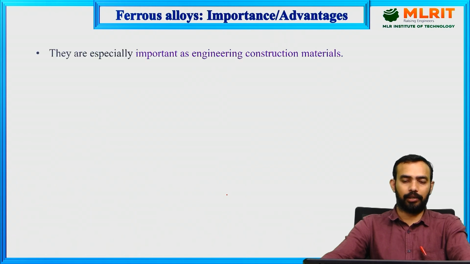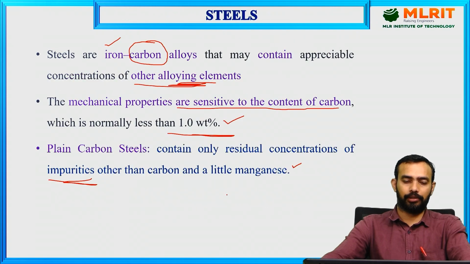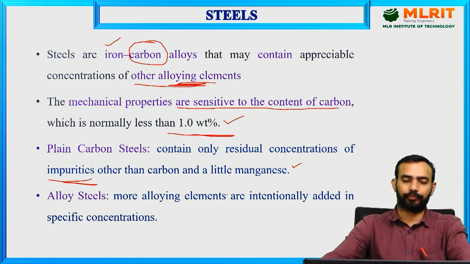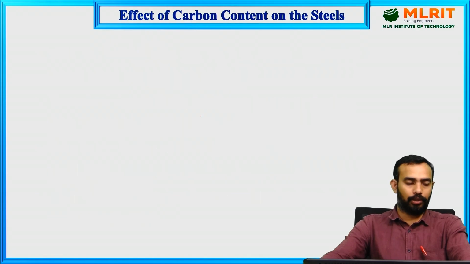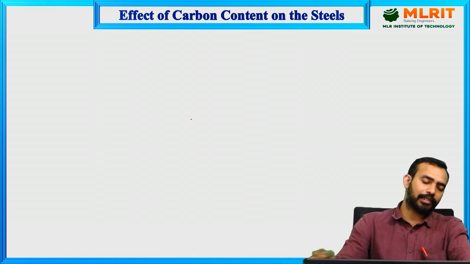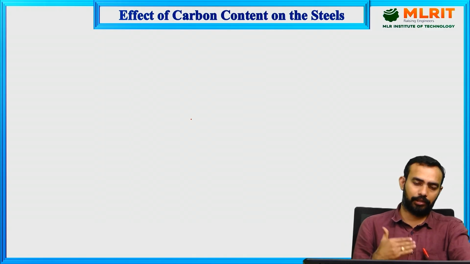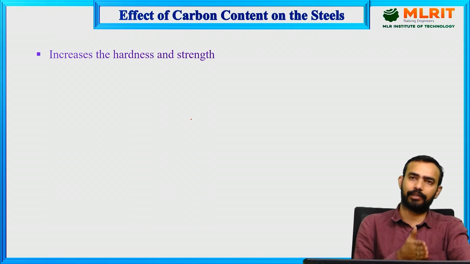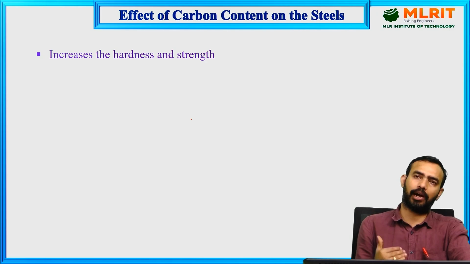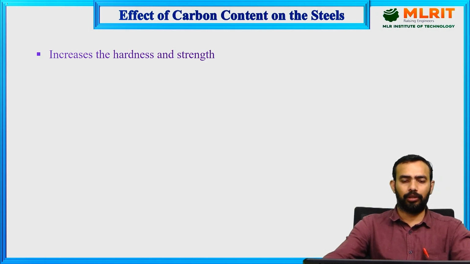So let us start discussing plain carbon steels first, and before that we look at the effect of carbon content in the steels. As the carbon content is increased in the steel, how are the properties changing? As the carbon content keeps increasing up to 1 weight percentage, it increases the hardness as well as the strength of the material. So both the hardness and strength will be improved.